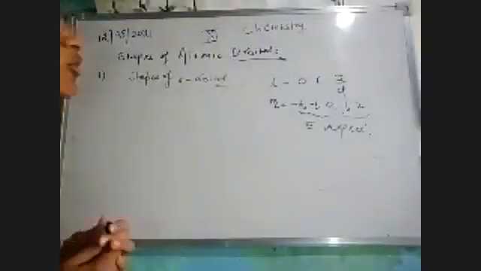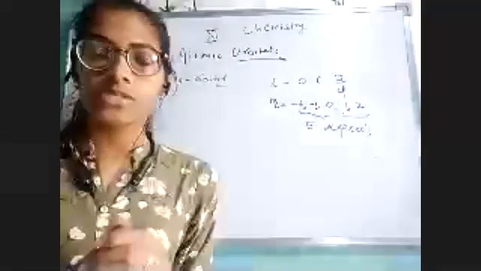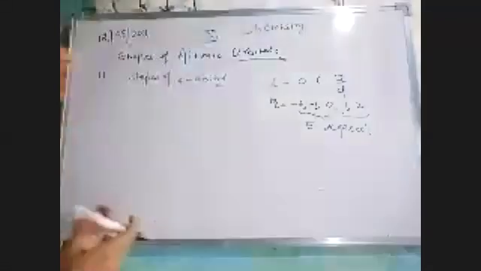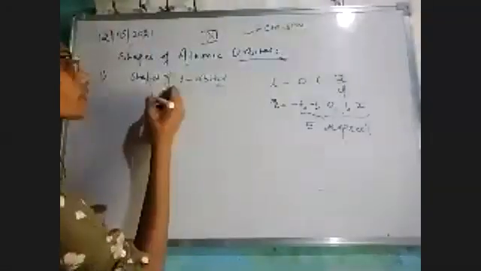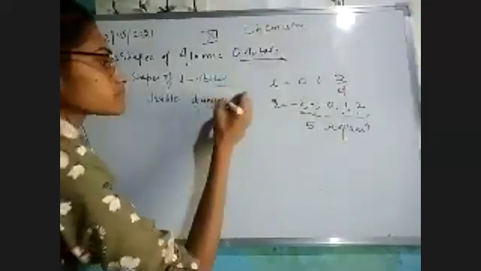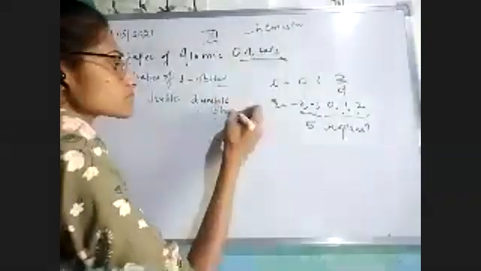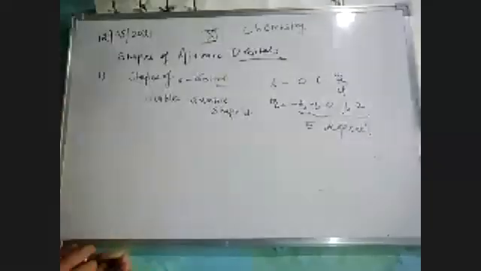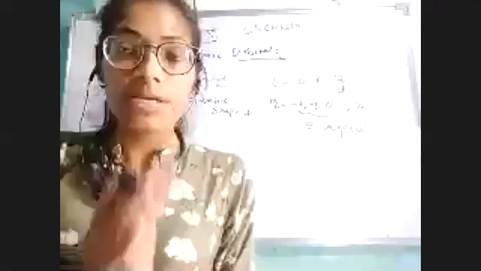Okay, so let's start the shapes of d orbitals. I was talking about the shapes of d orbital, that our d orbital is of double dumbbell shape. In p orbital, there were only two lobes which were meeting at a particular point.